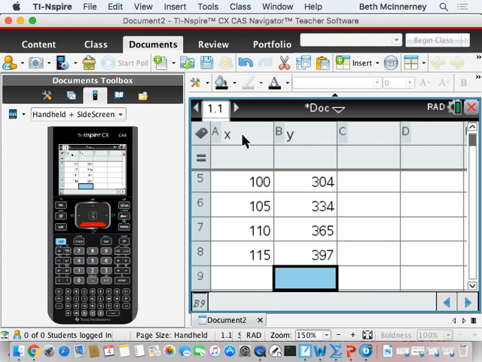So let me talk through the steps one more time. You open a new document, select number 4, add lists and spreadsheet. You enter the data, but you have to label the column as X and Y.